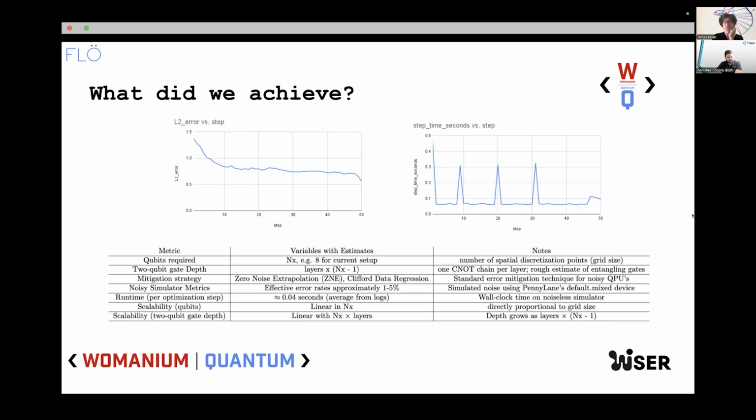Any other questions from anybody else? If not, just a quick comment on the right-hand side plot. Your y-axis is step. It's more like time, right? It's showing time. Yes. It is somewhere at the 8th or the 9th step, which is taking a very high time, and then it's coming back.